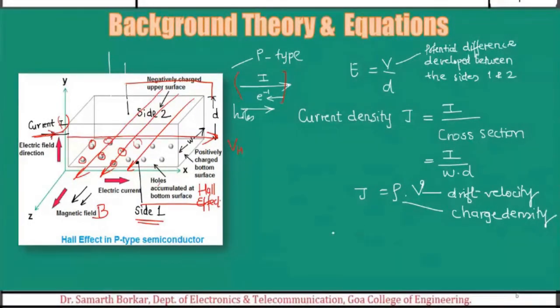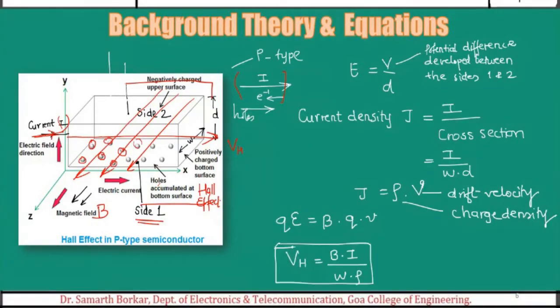Next, we had set up an equation: electric field equals magnetic field. If I simplify this, what I get is the Hall voltage. Because of shortage of time, I'm just writing the equation.